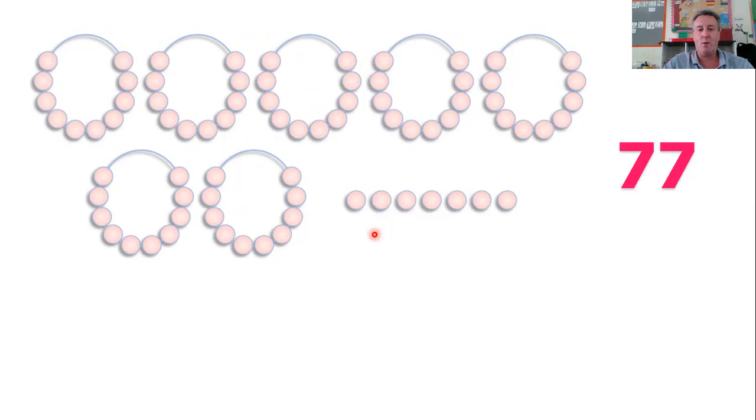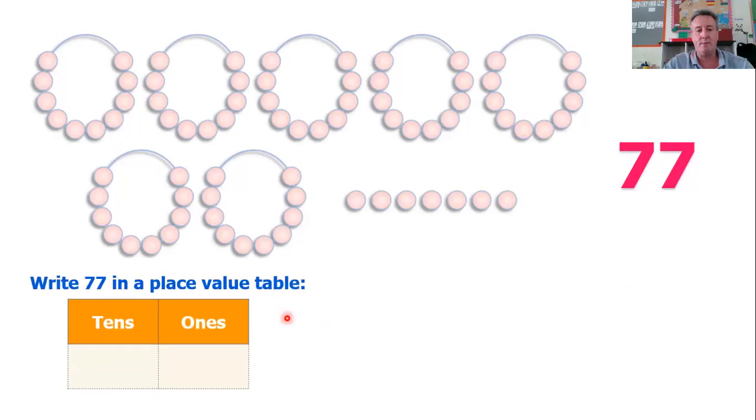And then we count our ones. 1, 2, 3, 4, 5, 6, 7. 7 ones is 7. See how we got it? Right, 77 in a place value table. So it's our 7 tens and 7 ones.